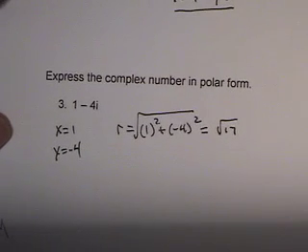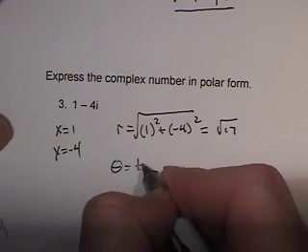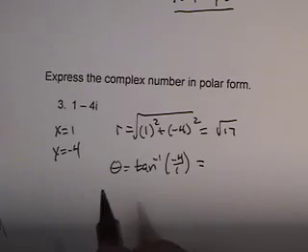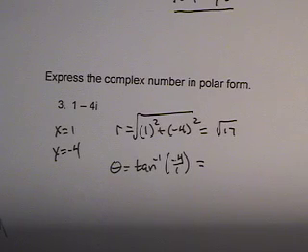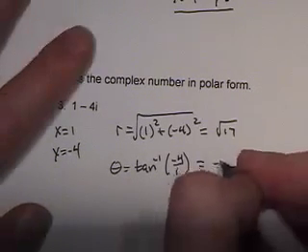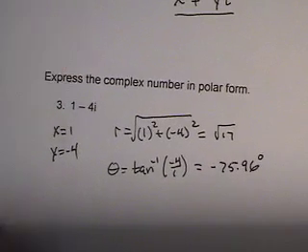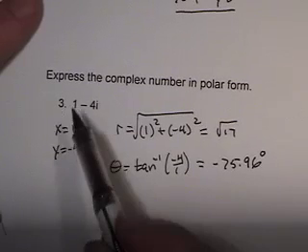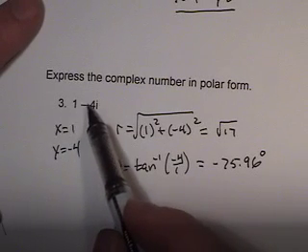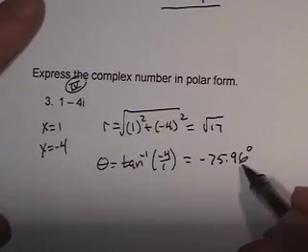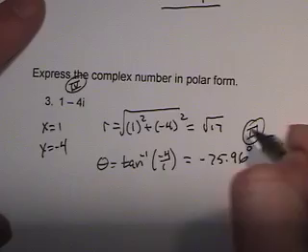Well, I know my r. For my theta, inverse tan, -4 divided by 1. This is -75.96 degrees. So now we need to check. Go to your original: positive x, negative y. Positive direction, negative down. This is the fourth quadrant. -75.96, fourth quadrant.